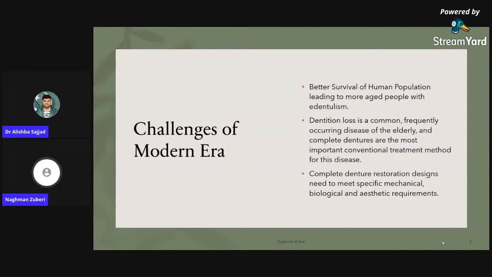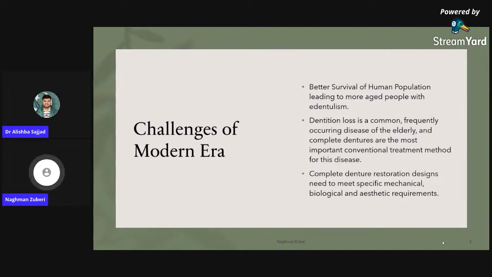Most elderly people after a certain age lose either their partial dentition, and some of them lose their complete dentition. To improve their lifestyle and standards of living, we need to replace the missing teeth because they are required for multiple reasons, including nutrition and aesthetics, and definitely for phonetics as well.